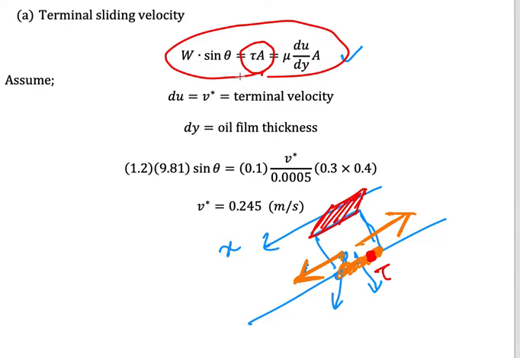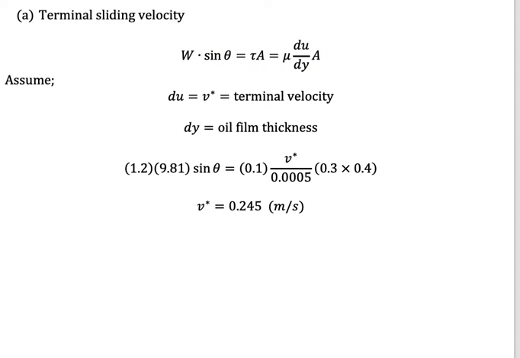And then tau here, as I said when we derived the Navier-Stokes equation, is equal to mu du dy. We substitute du dy here, and we replace the du with a v star to reflect the terminal velocity, because there is no difference of u anymore.